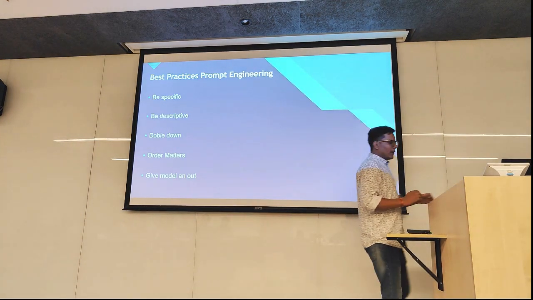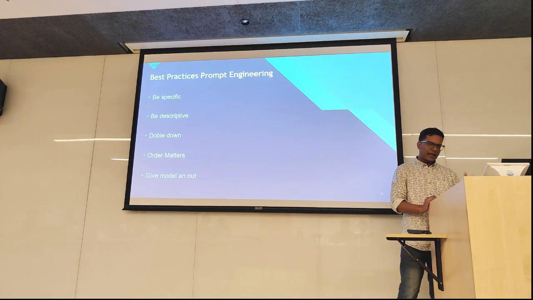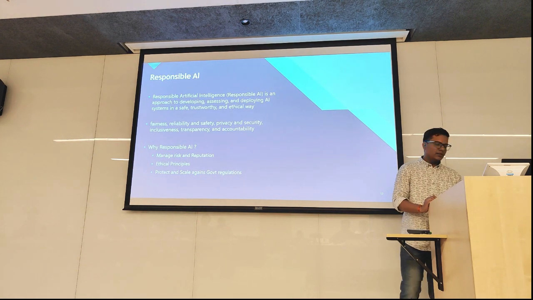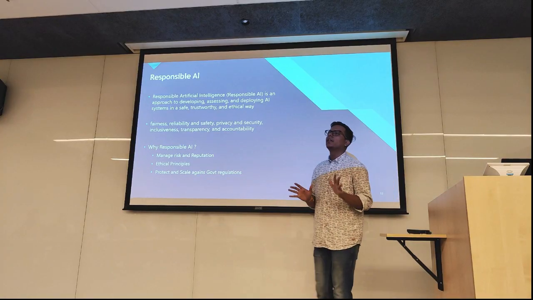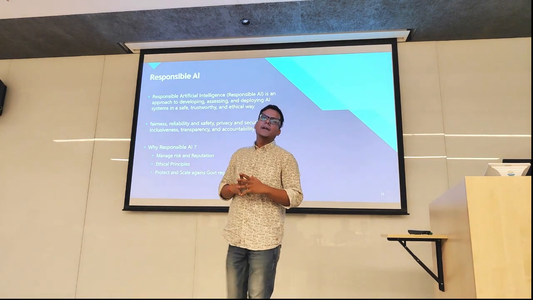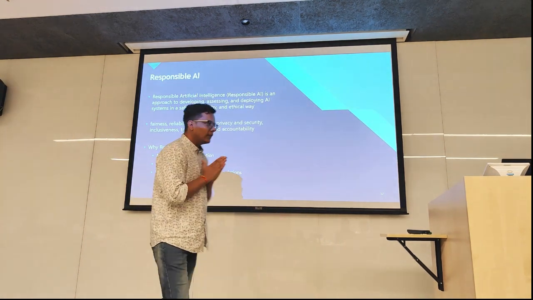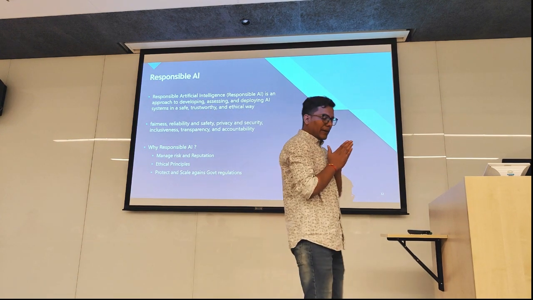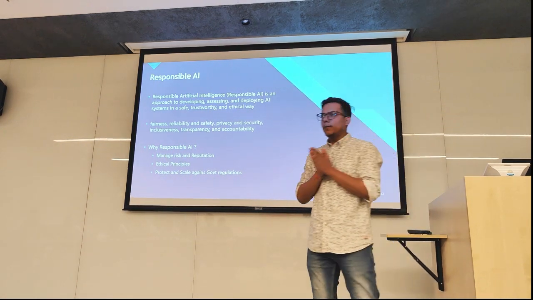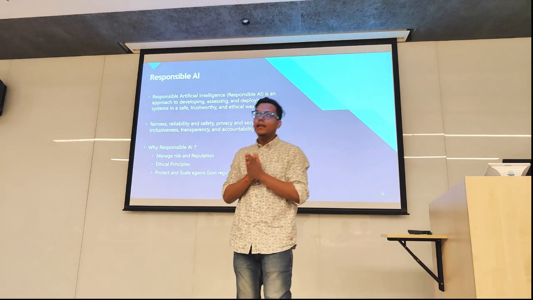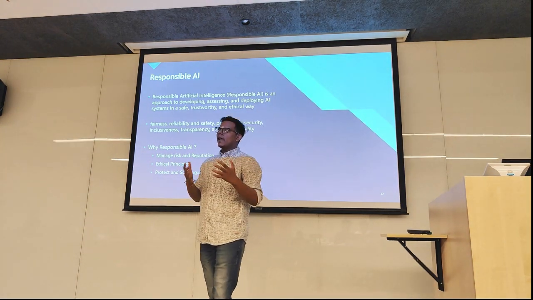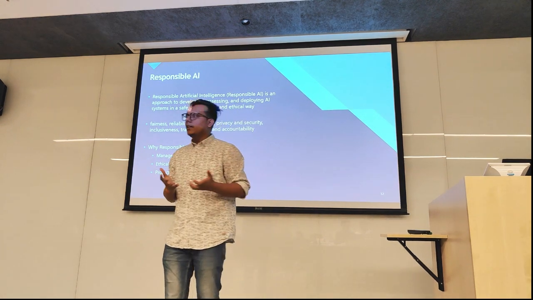Okay, I will come to the demo part, but I guess this is the most important thing we want to have in AI development, that is responsible AI, and each organization has their own principles that they follow for responsible AI. What is responsible AI? It means designing, developing and deploying AI in a way that is ethical, right?